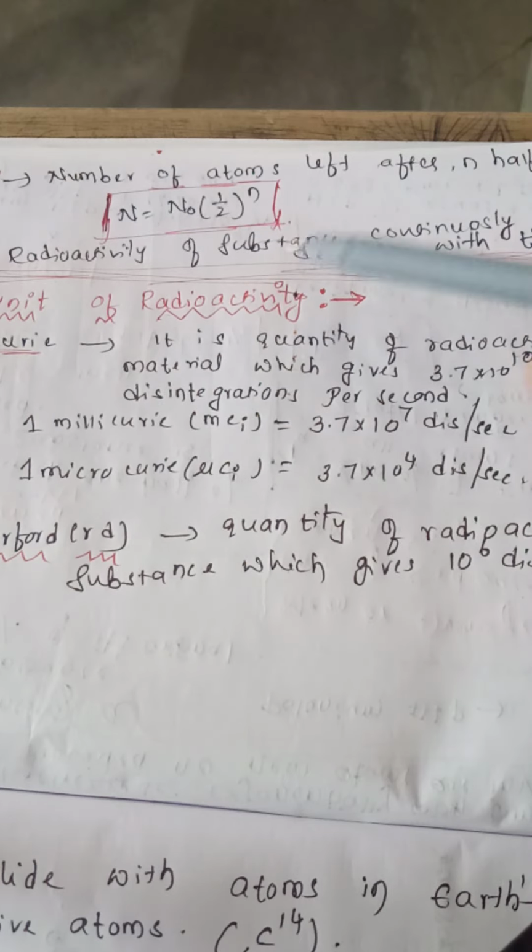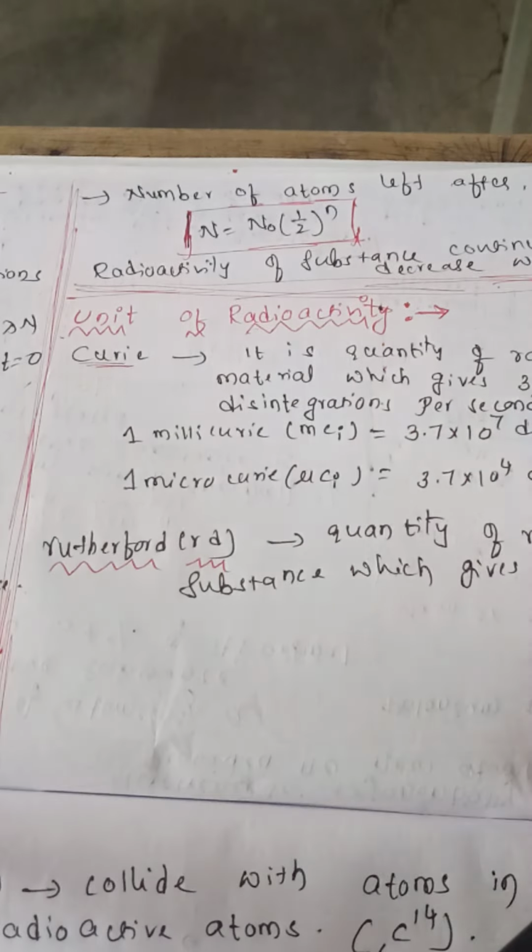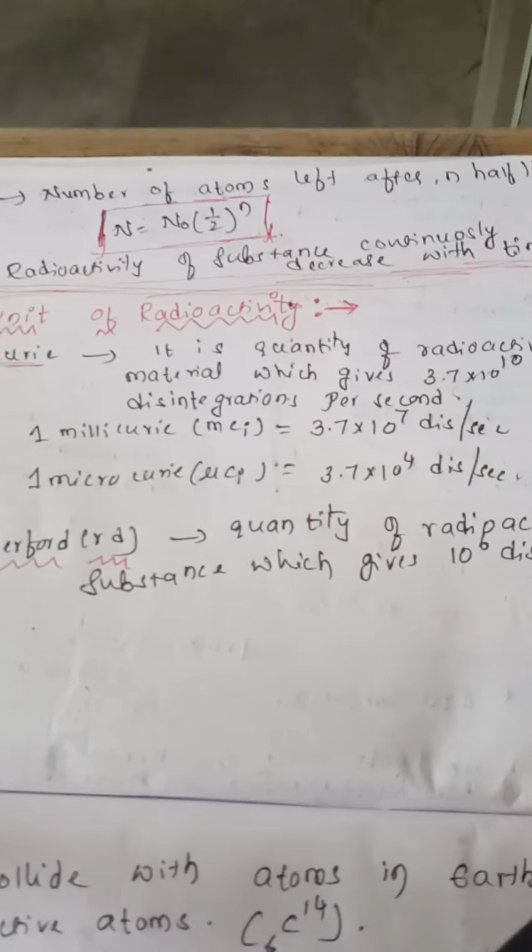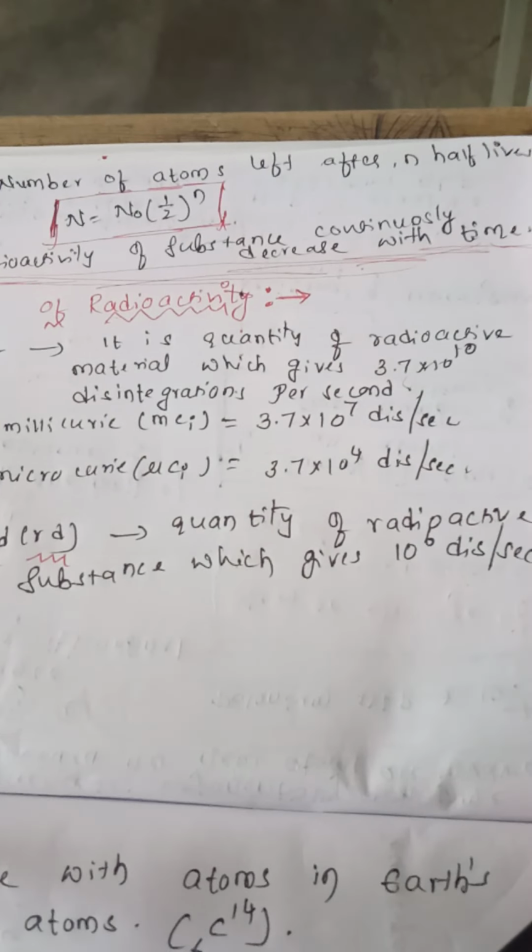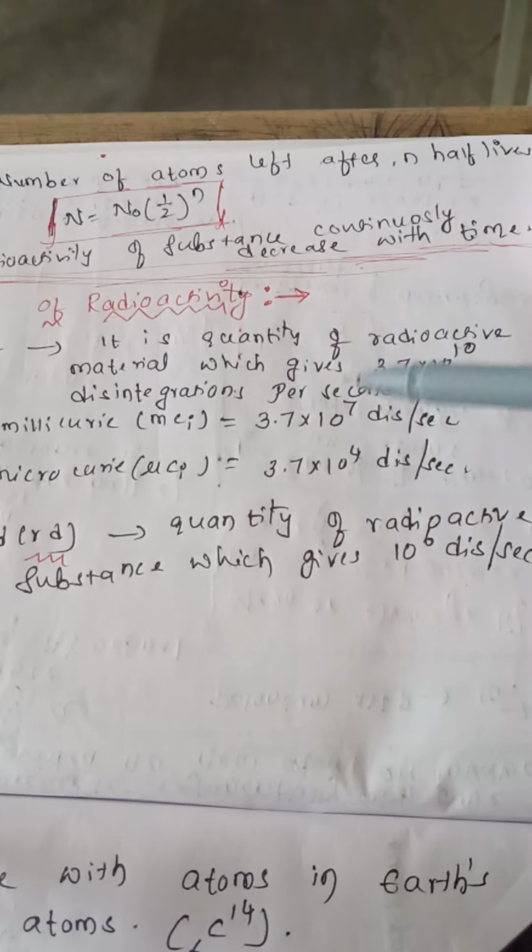Now, the unit of radioactivity is the Curie. One Curie is the quantity of radioactive material which gives 3.7 into 10 to the power of 10 disintegrations per second. One millicurie, milli meaning 10 to the power of minus 3, gives 3.7 into 10 to the power of 7 disintegrations per second.